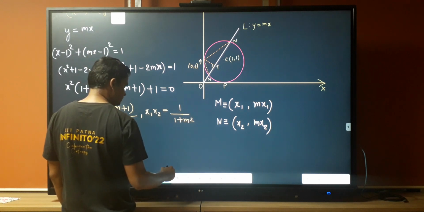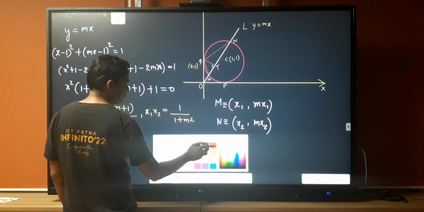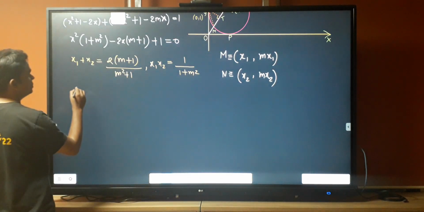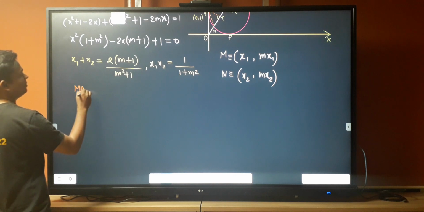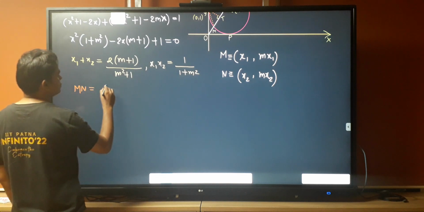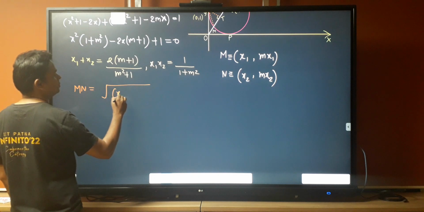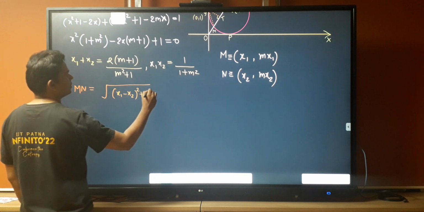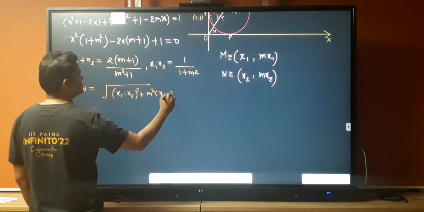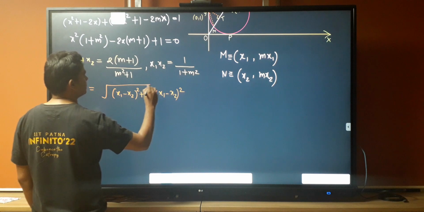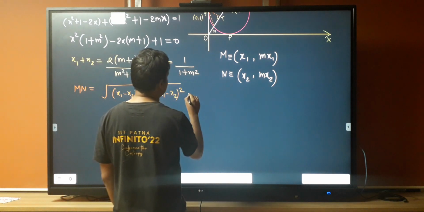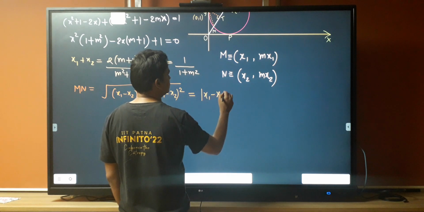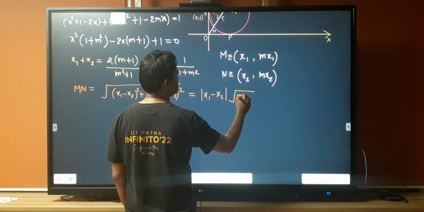Now coming to finding the distance MN, I have to take the square root of (x1 minus x2) whole square plus m square into (x1 minus x2) whole square. I can write this as mod of (x1 minus x2) into square root of (m square plus 1).